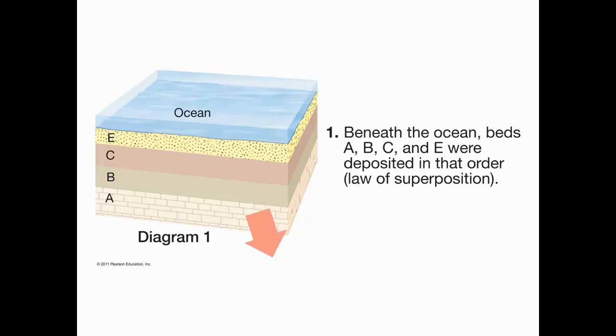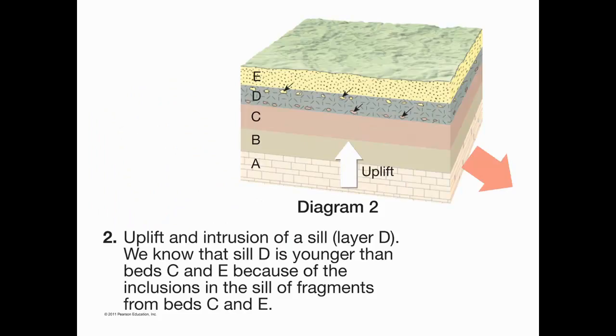Following the deposition of these and formation of these sedimentary rocks, the next event is that we have uplift and intrusion of sill layer D, which is shown here. Now recall that sills are tabular igneous intrusions that parallel rocks above and below, and so that fits this type of definition.